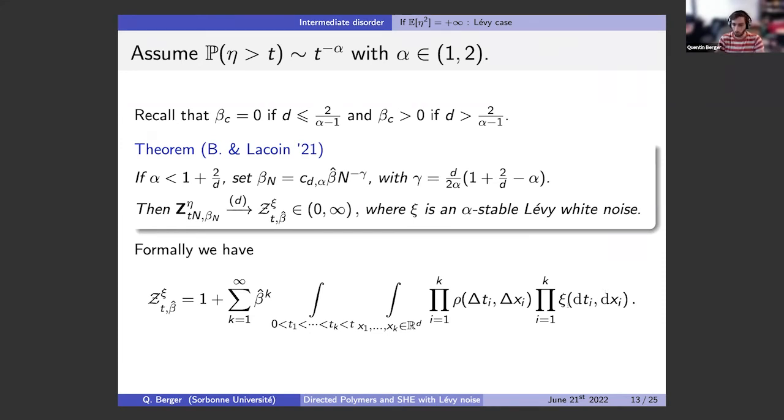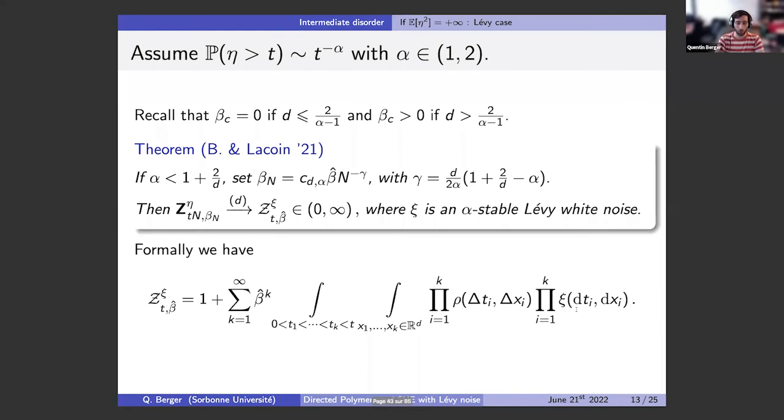It's just a noise which has big jumps in it. Contrary to the Gaussian noise, it doesn't have a finite second moment, and it's somehow Poisson noise where you have peaks very high in the noise. So it's more difficult to make sense of this expression, and maybe I'll tell you a bit more about that.